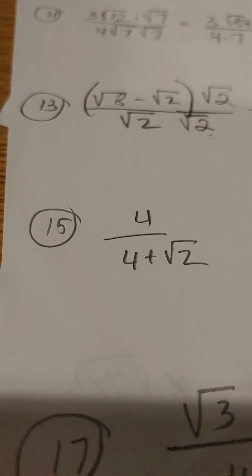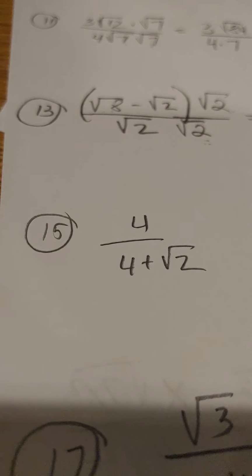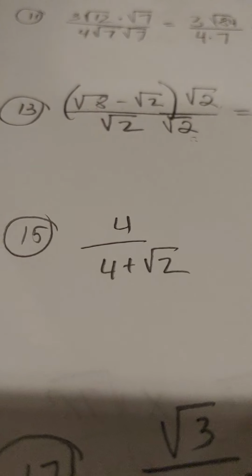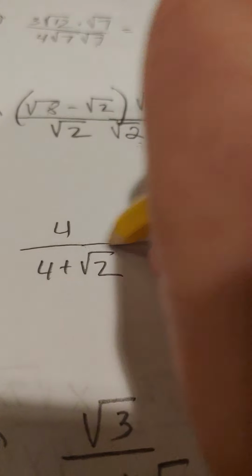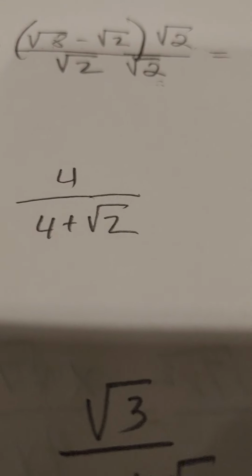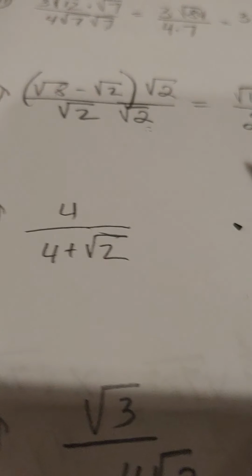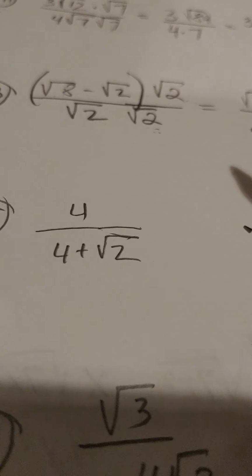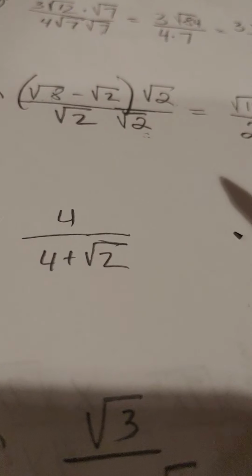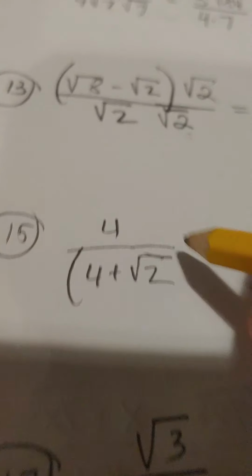Our goal is to get rid of those radicals. For that, we are going to multiply the bottom by the opposite. I forgot the word. Maybe I'll remember, but you will see what I'm trying to say.